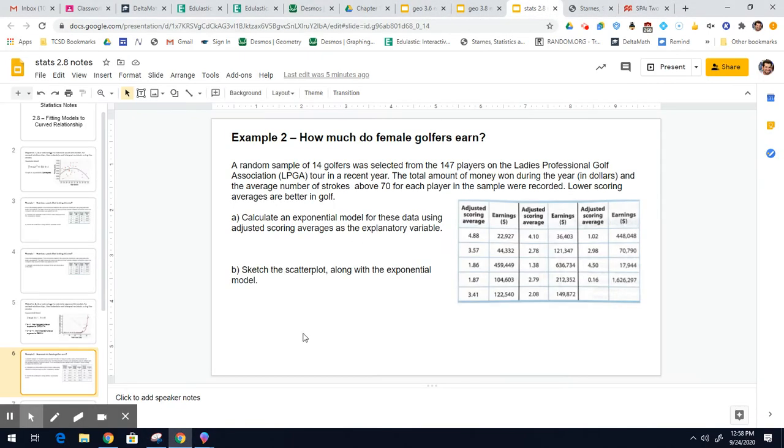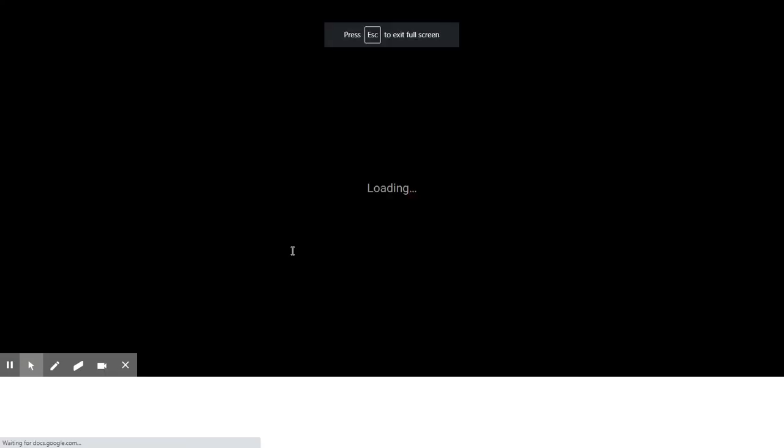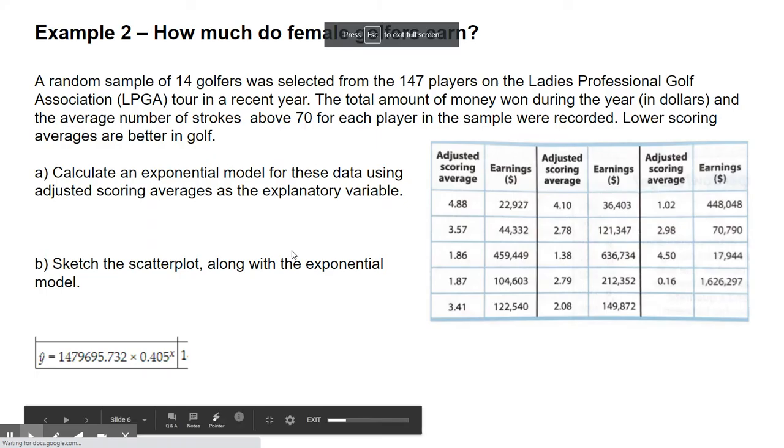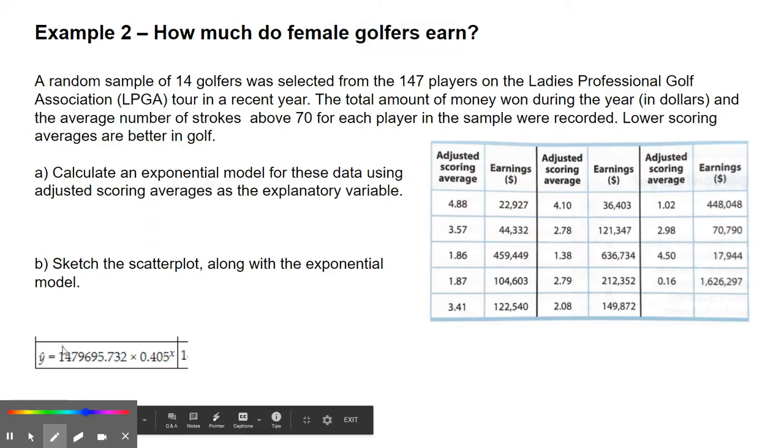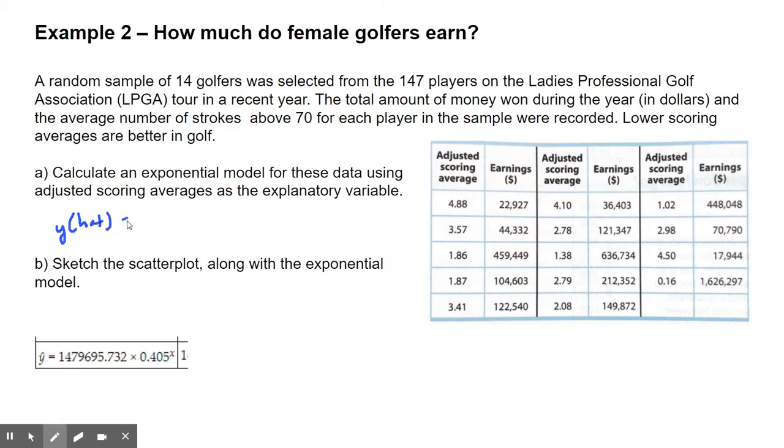So our exponential model, and you can't put the y hat in there, so we say y hat equals 1479695.732 times, in parentheses, 0.405 raised to the x. Sorry about those big numbers. That's what it is, and don't round, just write what they have.